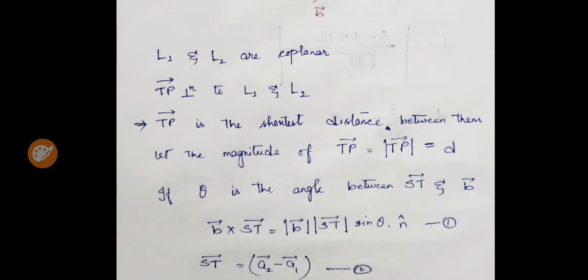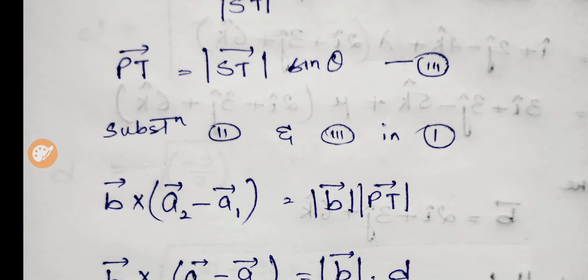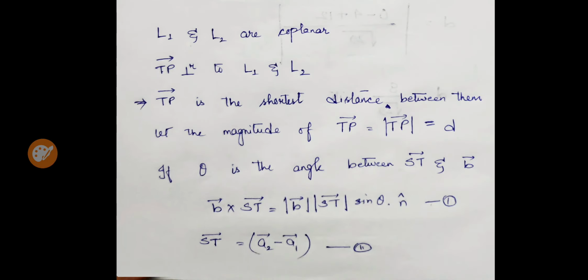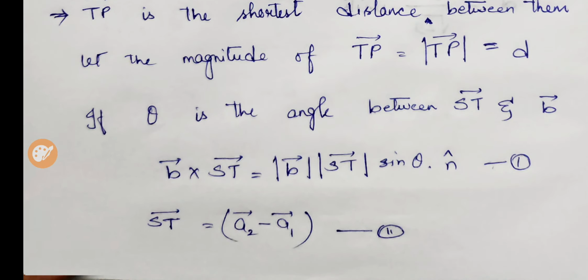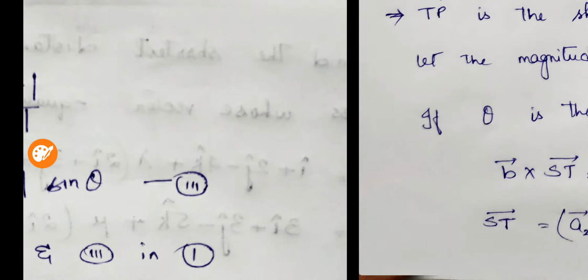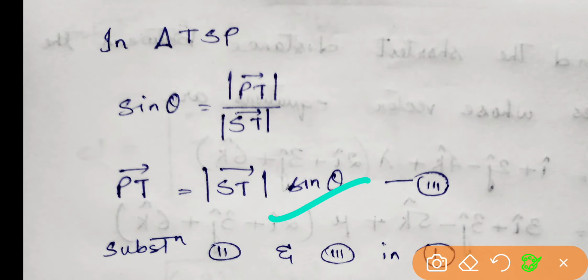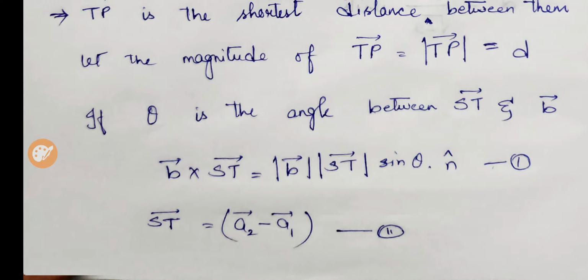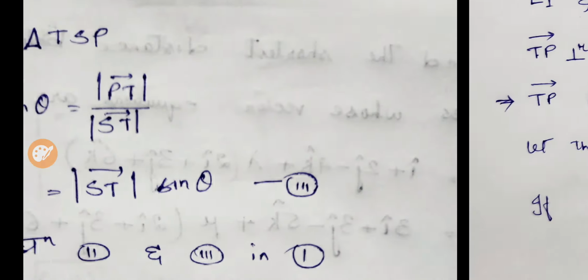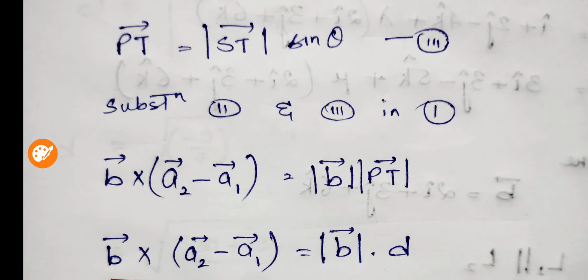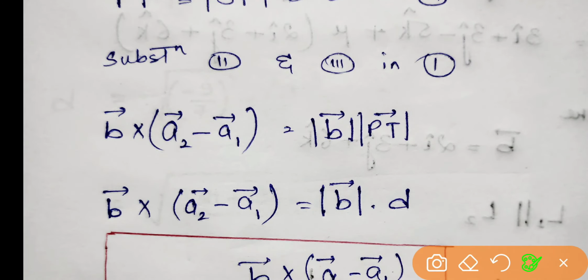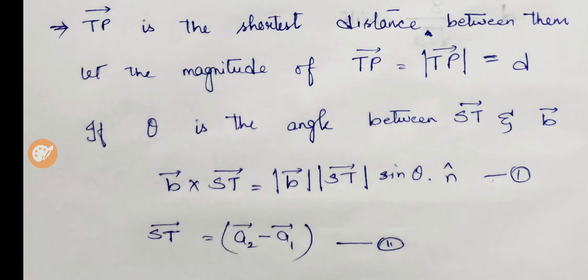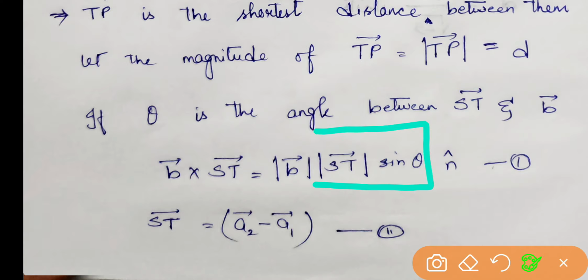So here you can see, substituting 2 and 3. 2 is here, this one, and 3 is this one. We will be substituting in 1. And see what is our 1. Now see, our ST was this, and you can see here I have ST sine theta.